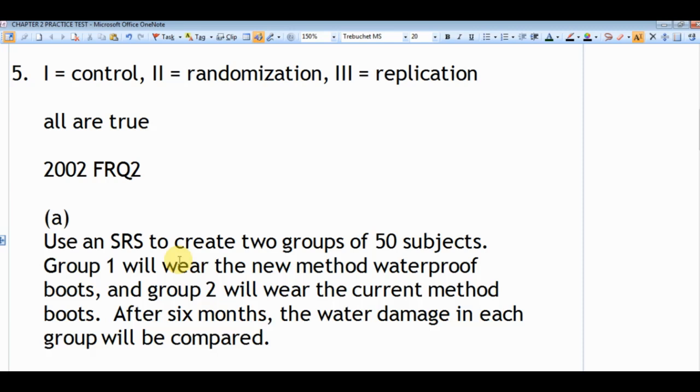They're all lumped together under one kind of experimental design, a randomized comparative design. So comparative is just a big umbrella for all of the designs that we've talked about.